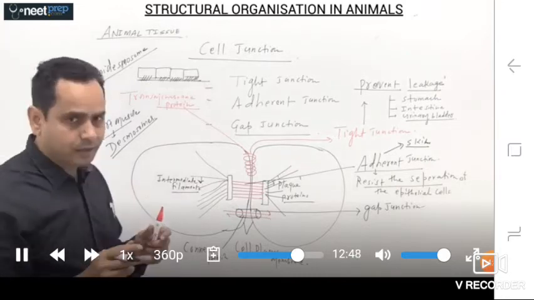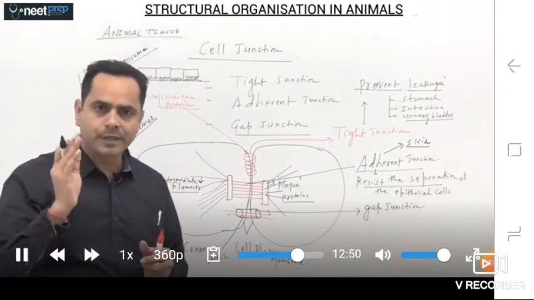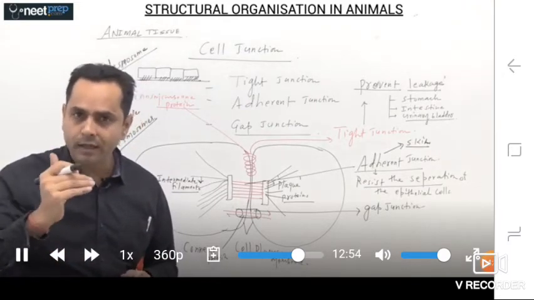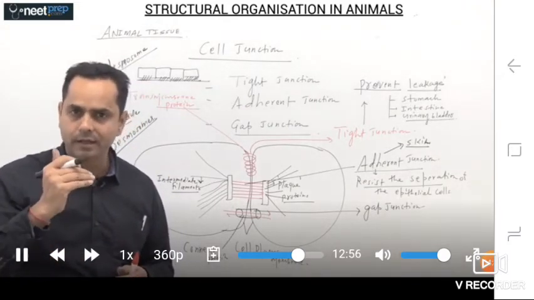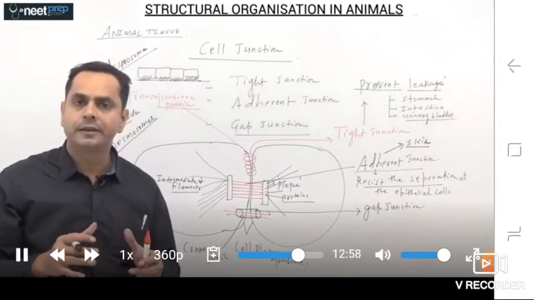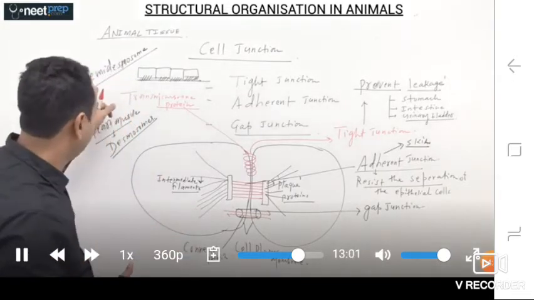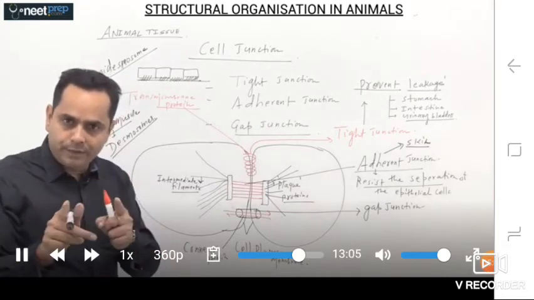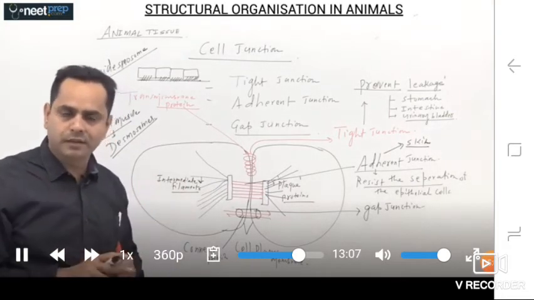So a hemidesmosome is half of a desmosome, and mainly it connects the basal layer of epithelial cells, the basal layer of epithelial tissues, to the basement membrane. Remember, hemi means half. Cells are not present on both sides.